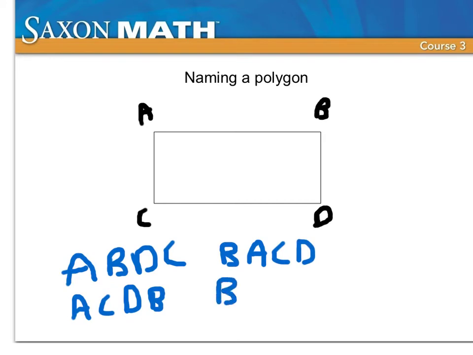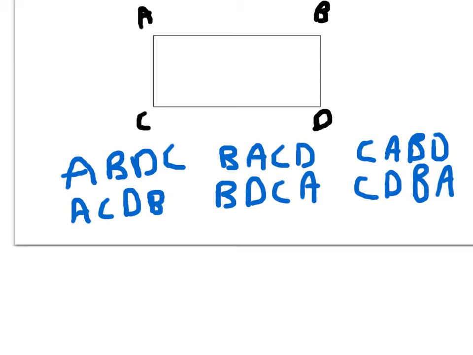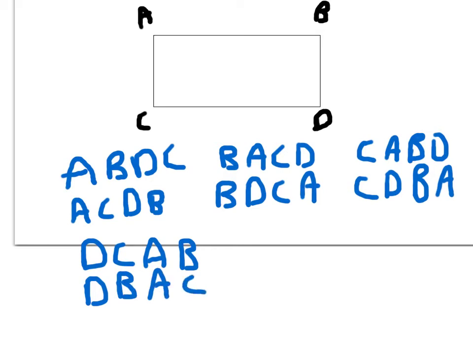Or I could start at B, and then go to D, to C, to A. I could also start at C, and go to A, and then to B, and then to D. Or I could start at C and go to D, and then to B, and then to A. Then, of course, we could start at D. I start at D, I could travel to C, and then to A, and then to B. Or I could start at D and travel from B to A to C. But notice, any way I name those polygons, I'm traveling around the shape.